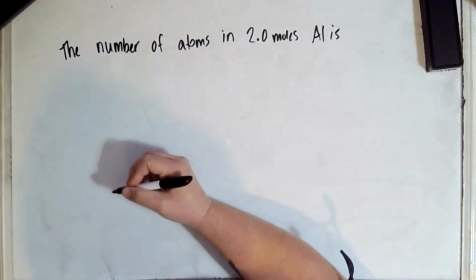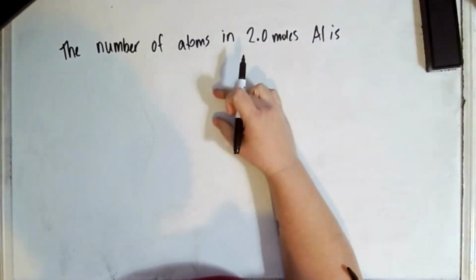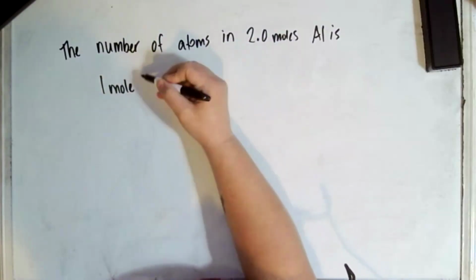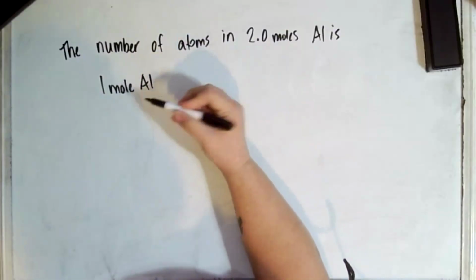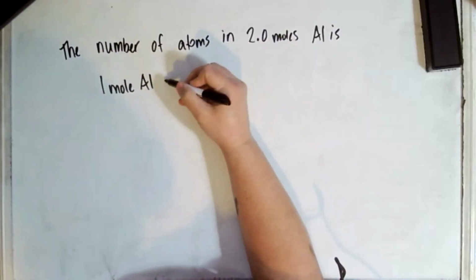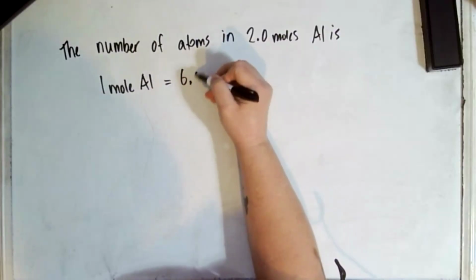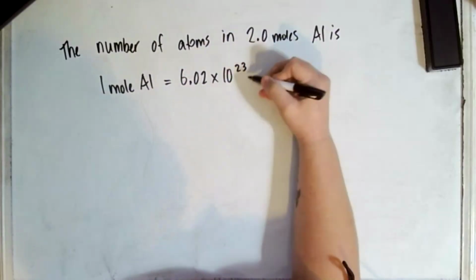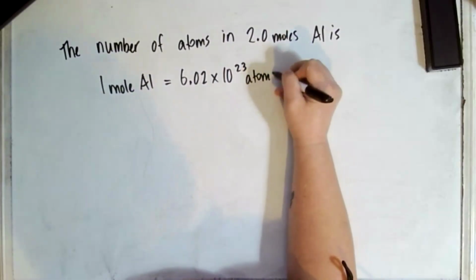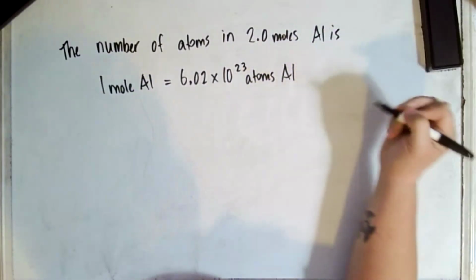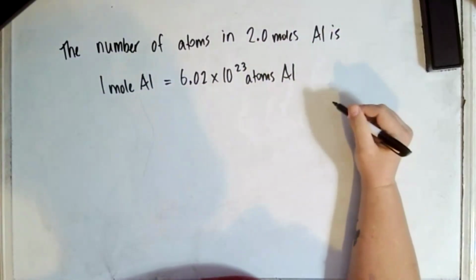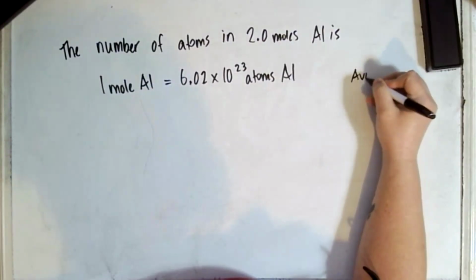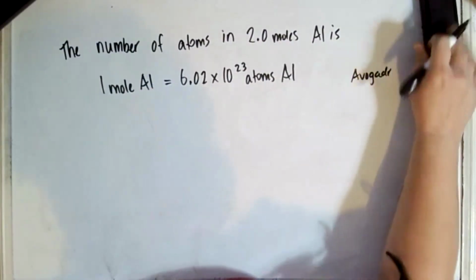The first thing that we can do is write out our equality. 1 mole of aluminum, aluminum is an element, is going to be 6.02 times 10 to the 23 atoms of that element. You're going to notice that for Avogadro's number, we can write this out for ourselves.